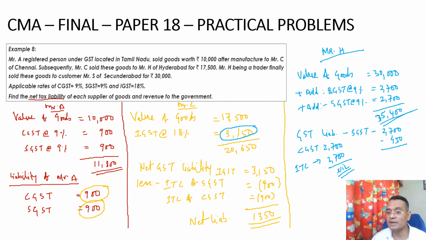So 2,700 minus 450, net liability of Mr. H is 2,250 rupees. Since IGST has been used for payment of CGST, which is a state government tax, the central government has to transfer 2,700 rupees to the state government.